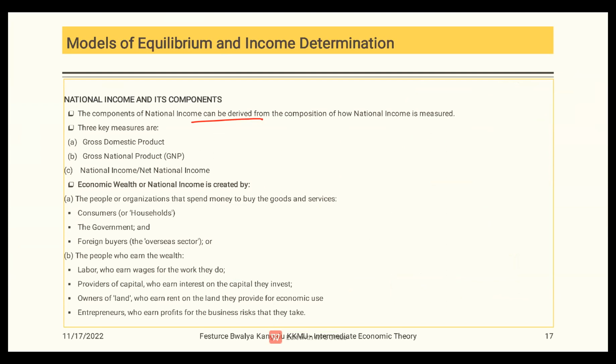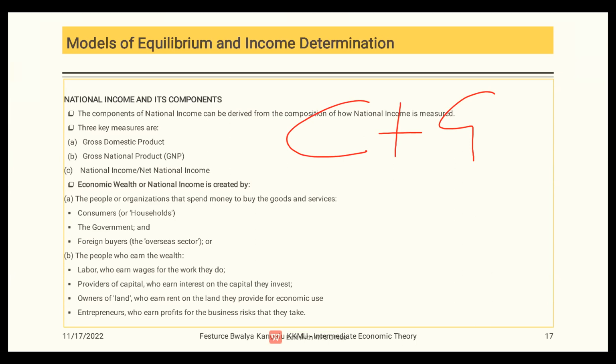So we have the households, who are consumers; they consume. Then we have the government, which also participates. Then we have the foreigners who come to buy our goods, to whom we sell or export our goods and services. Are you following? Those are the participants that we have.